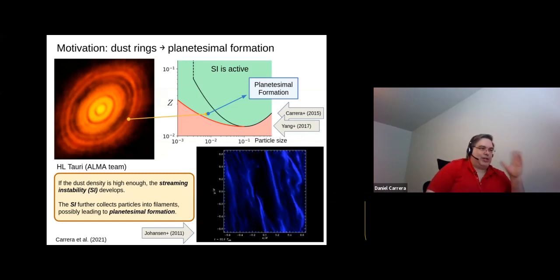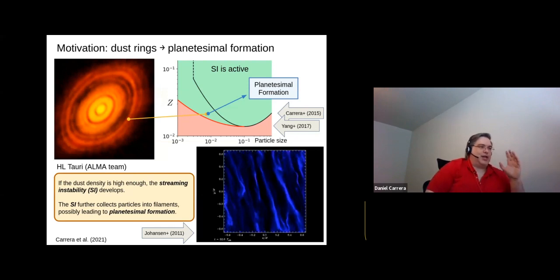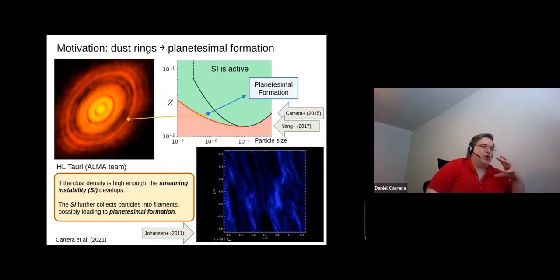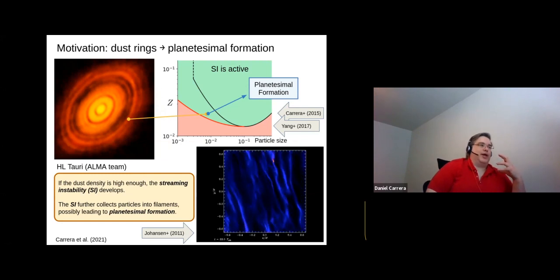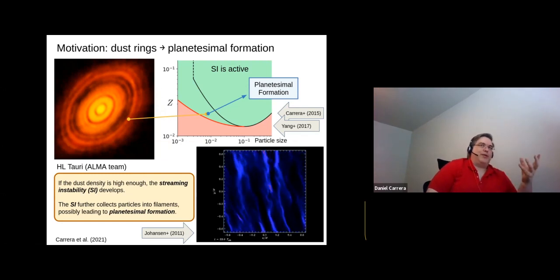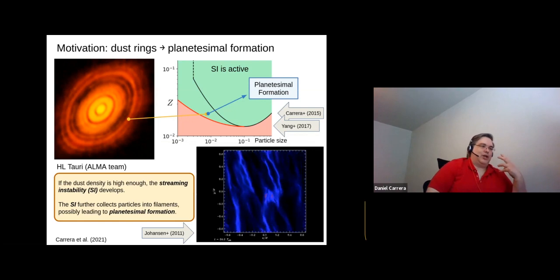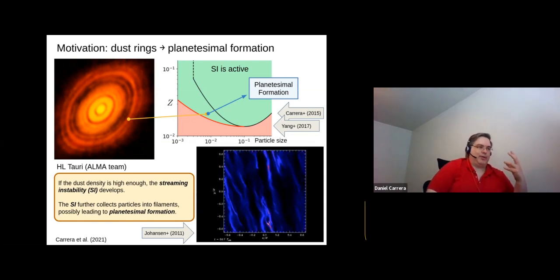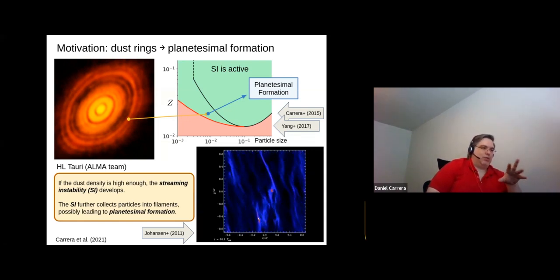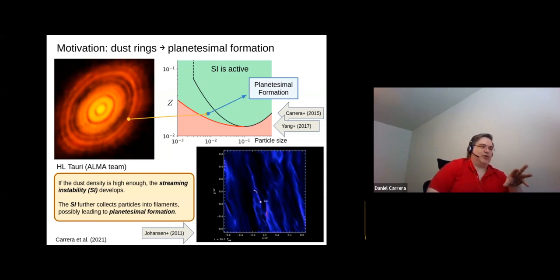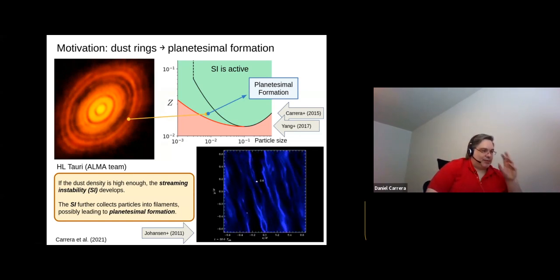Now, I'm not going to get into all the details of how the streaming instability works. All you need to know is that it's a hydrodynamic process that concentrates particles into filaments. So in this movie, the color scale is the particle surface density.